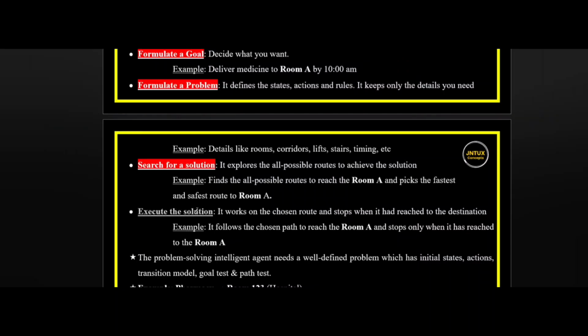The last step is execute the solution. Here, the problem solving agent follows the route or path that is more efficient, and it stops only when it has reached the destination.